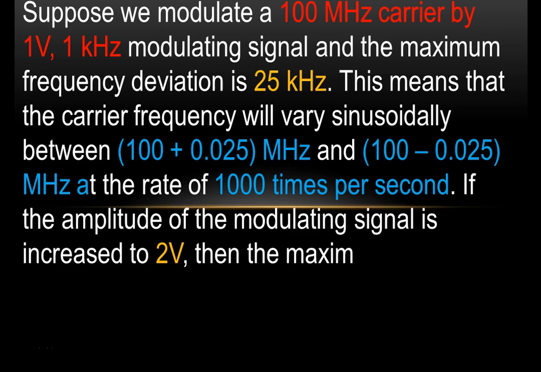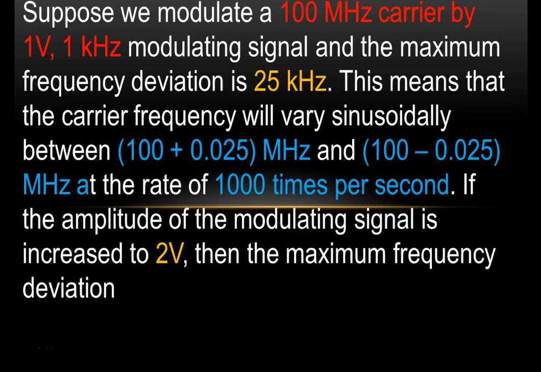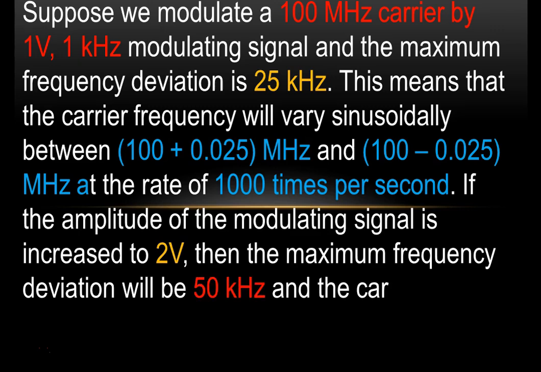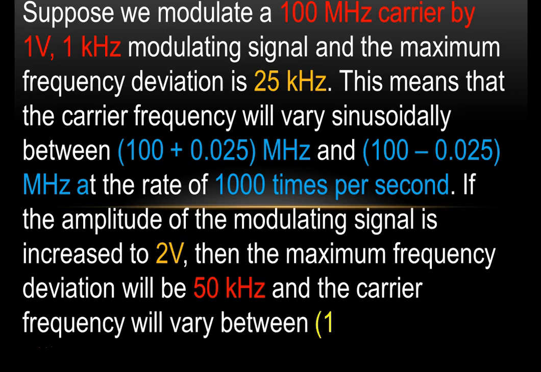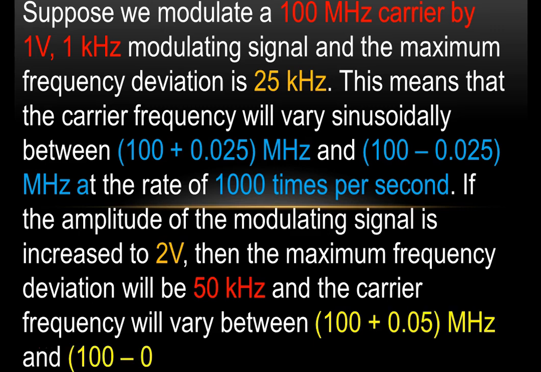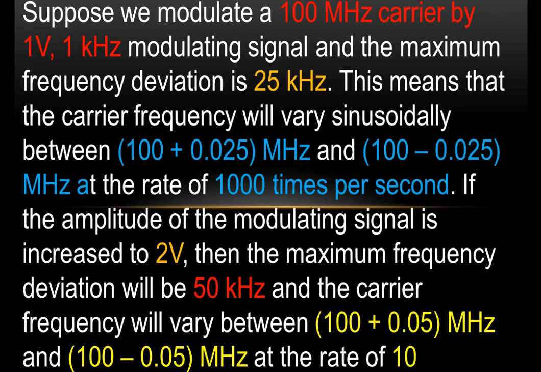If the amplitude of the modulating signal is increased to 2 volt, we are making it double, then the maximum frequency deviation will be 50 kilohertz instead of 25 kilohertz. Okay, 100 plus 0.05 megahertz and 100 minus 0.05 megahertz at the rate of 1000 times per second.